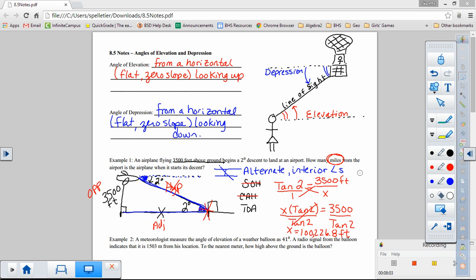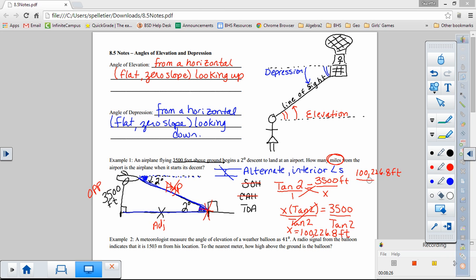We have 100,226.8 feet. Okay. And there are 5,280 feet in every mile. So you would have to look that up, that conversion factor. How many feet are there in every mile? 5,280.